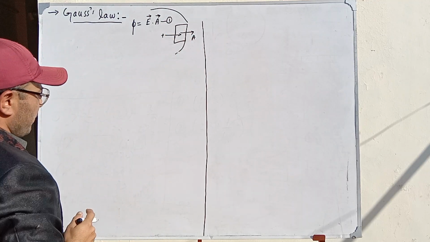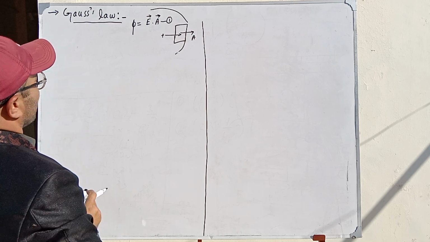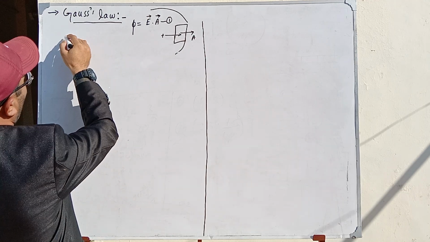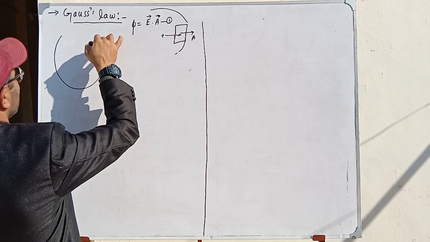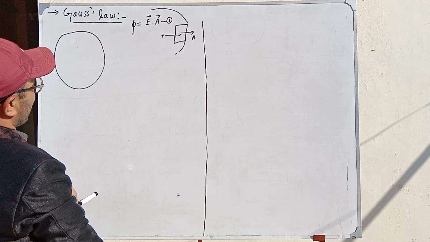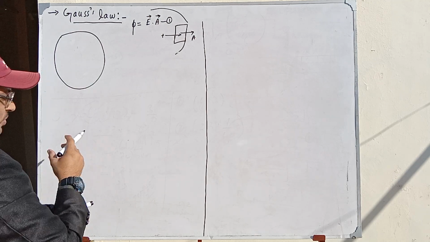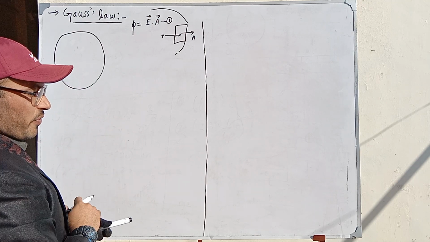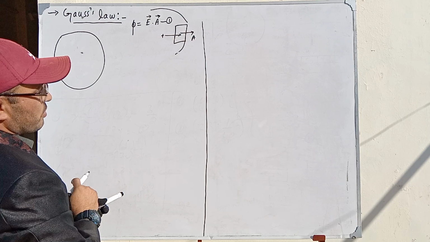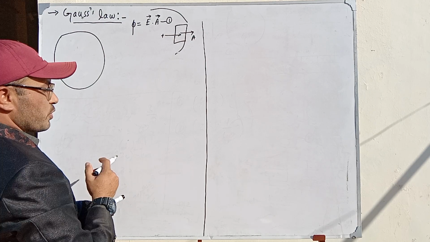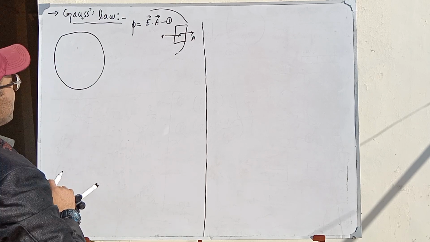But the problem was created: how do I calculate the electric flux for a spherical shape, just like the shape of the Earth, because the Earth is spherical, and also an egg has a spherical shape?